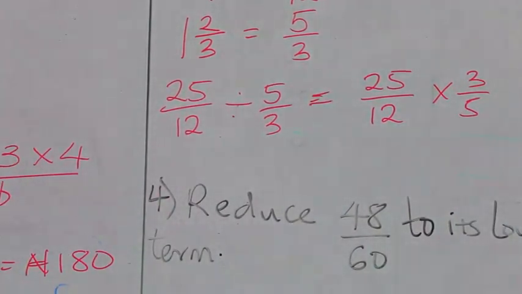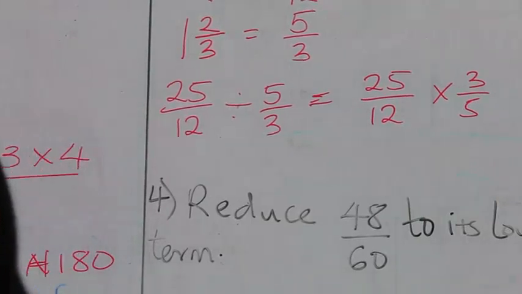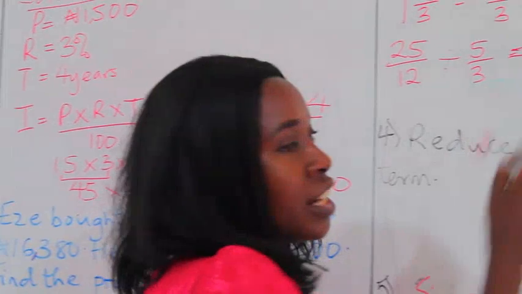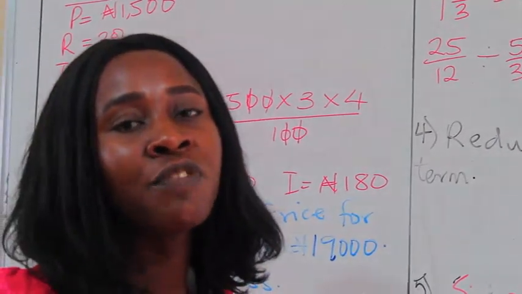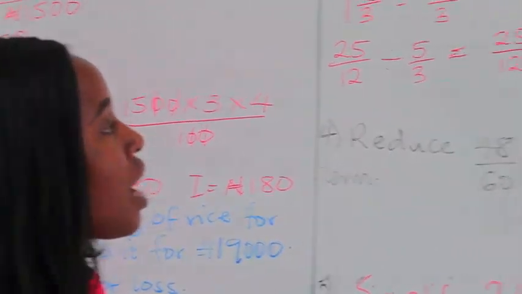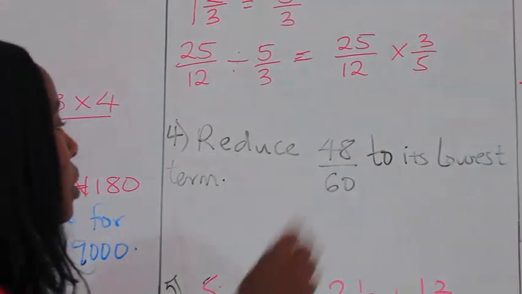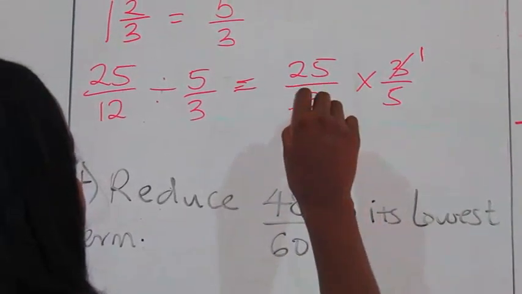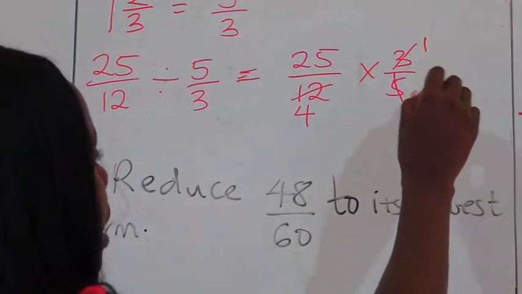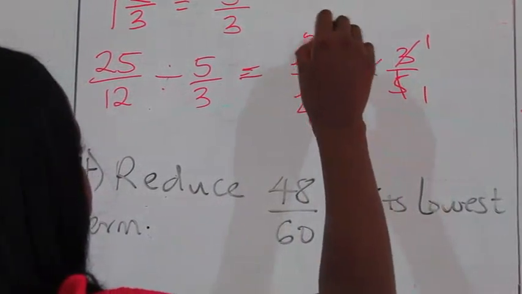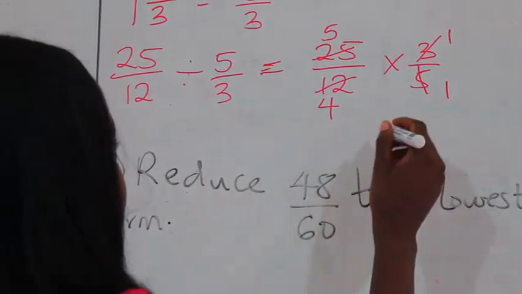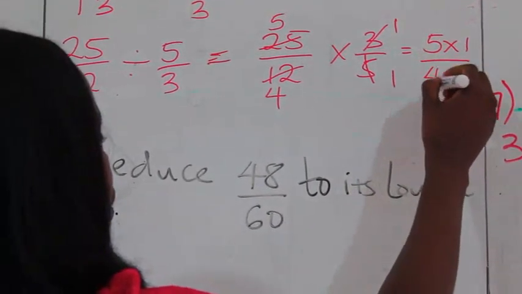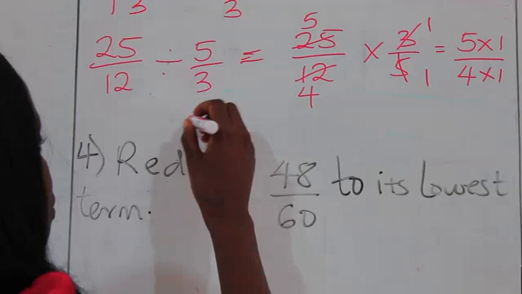If you look at these numbers carefully, we can reduce them to the lowest term. 25 can be divided by 5, and 12 can be divided by 3. So 3 goes into 3 once, 3 goes into 12 four times, 5 goes into 5 once, 5 goes into 25 five times, and then we are left with 5 times 1 divided by 4 times 1.